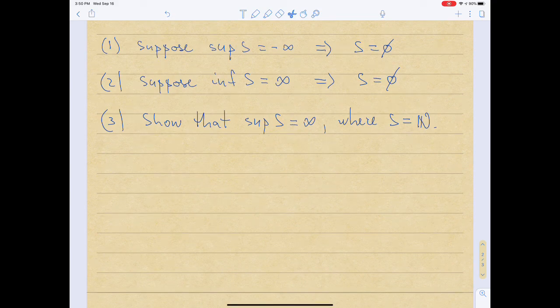So proof for this. Let's choose any m greater than 0. And what we need to demonstrate is that there exists an element of S which is greater than m.